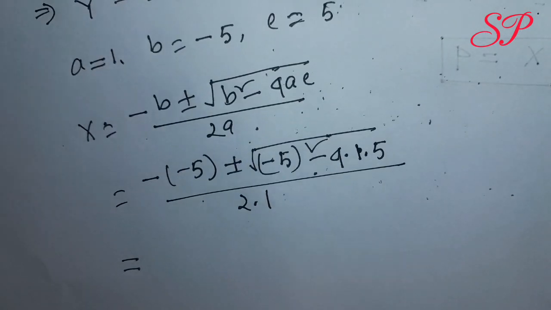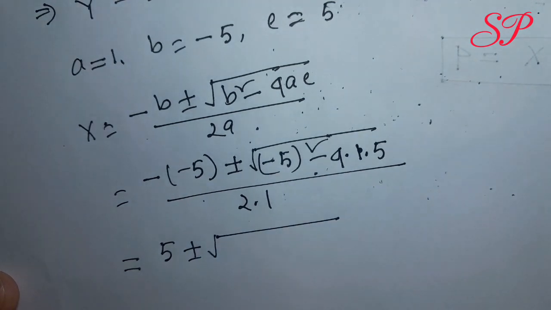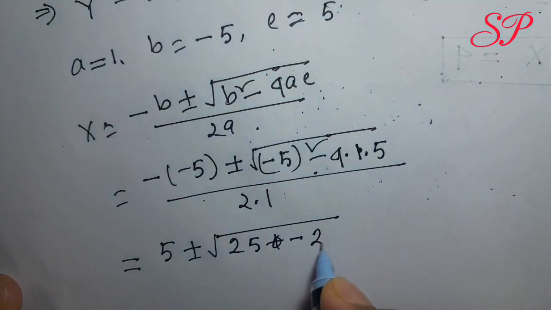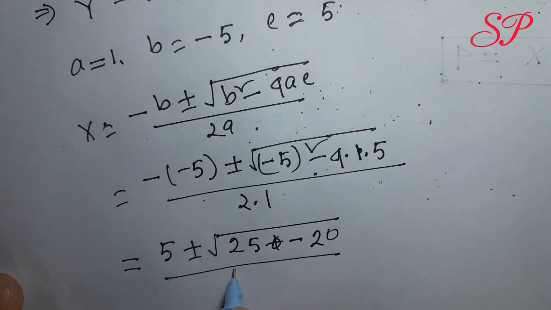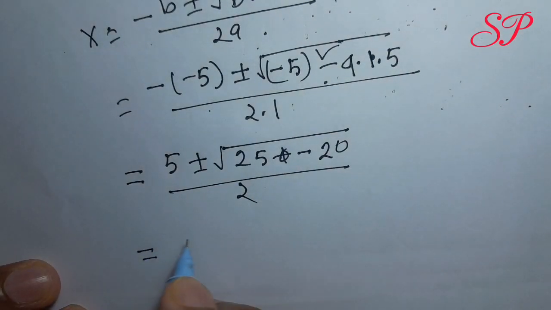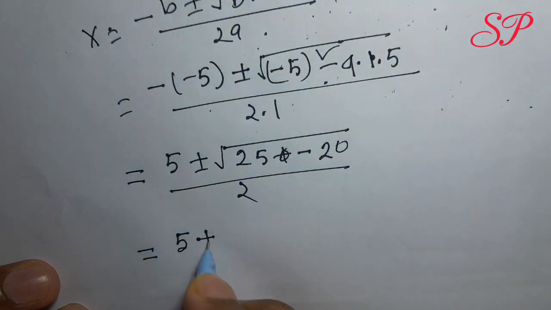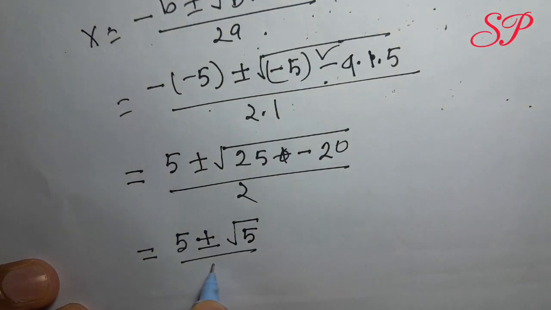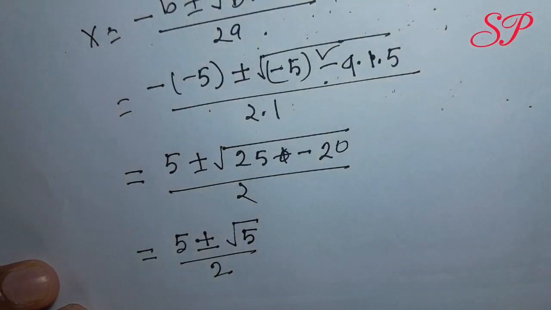Then we can write 5 plus minus root over 25 minus 20 by 2, which is equal to 5 plus minus root 5 by 2.